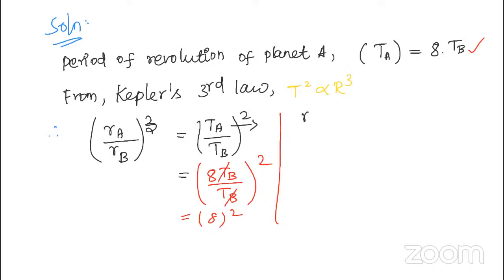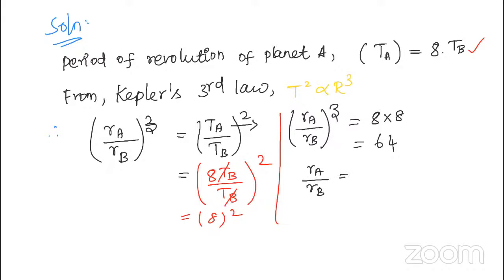So (RA/RB)^3 is equal to 8 into 8, which is 64.